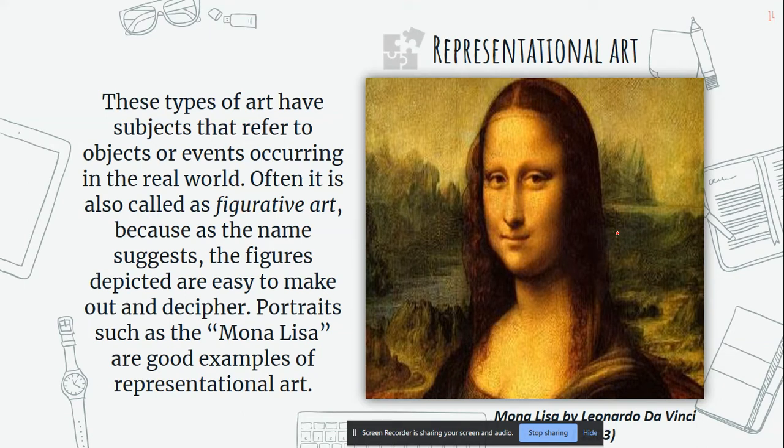These types of art have subjects that refer to objects or events occurring in the real world. Often, it is also called figurative art because, as the name suggests, the figures depicted are easy to make out and decipher. Portraits such as the Mona Lisa are good examples of representational art.